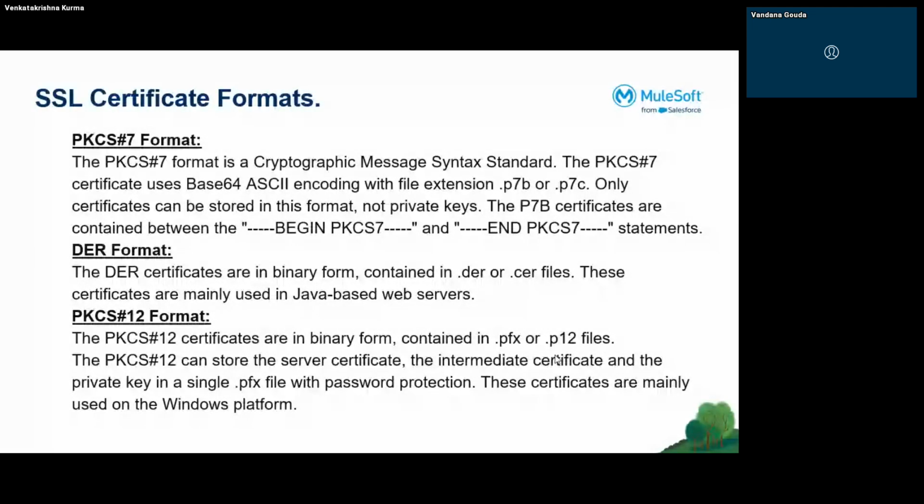And the other format is the DER format. The DER format is a binary form contained in .der and .cer files, and these certificates are mainly used in Java based web servers.